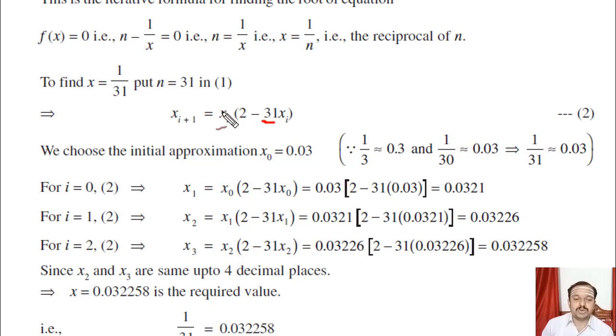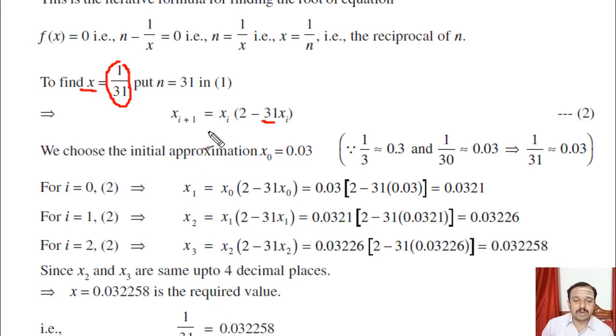Now we have to choose the value of i. When we substitute i equal to 0, we will be getting x1, the first approximation for the desired value of x. Desired value of x means the desired value of 1 by 31, which we intend to find. To get the first approximation for x, we substitute i equal to 0, that gives us x1.